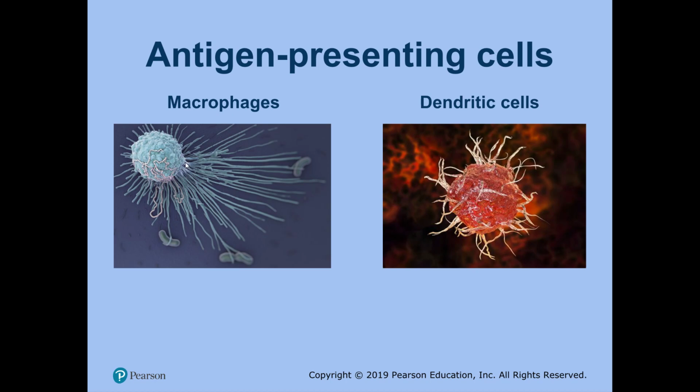Kind of like when your cat kills a mouse, and then the cat comes up to you with the mouse. They do that so that our body can be like, oh shoot, there are these invaders, we should do something about it. These cells are very important because they trigger our immune response.